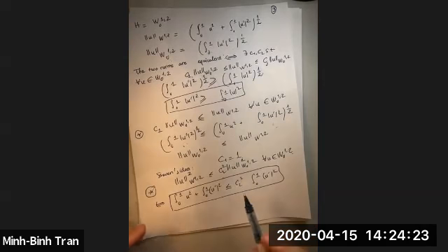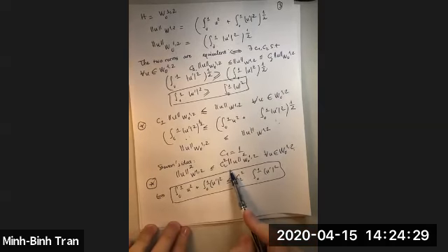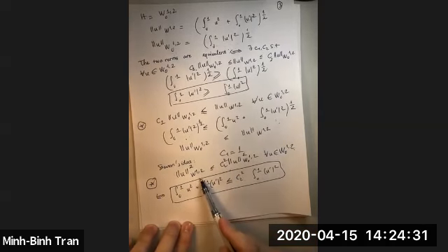So the second direction is I have to show that there is a constant C2 such that the W12 norm is smaller than C2 times the W012 norm.